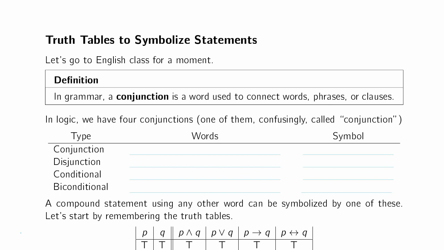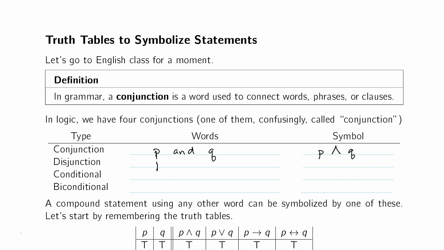So, the 4 conjunctions that we have in logic are the conjunction, which is P and Q, which we write P, this upside down V symbol, Q, right? It's like a capital A but without the line across it.